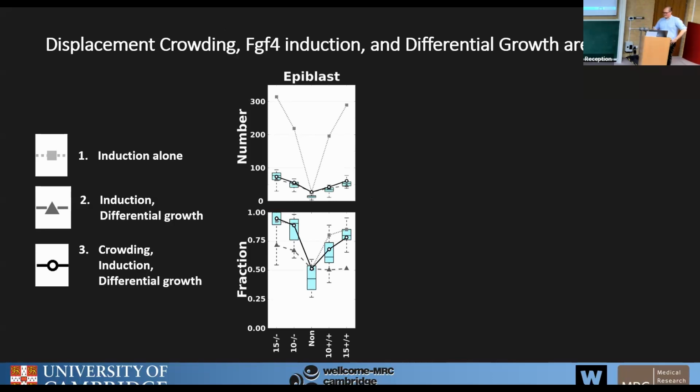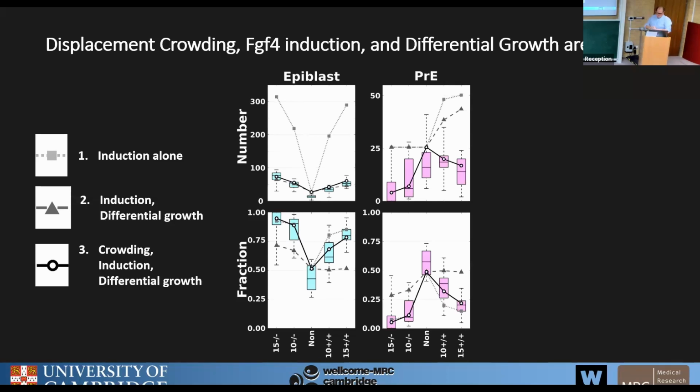Go back and fix that. When we do fix that, we get a more reasonable size of the epiblast, and kind of a nice bat wing happening here. And indeed, both of these models, the induction with differential growth and the crowding induction and differential growth, fit that quite well.